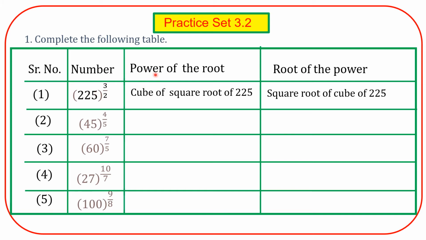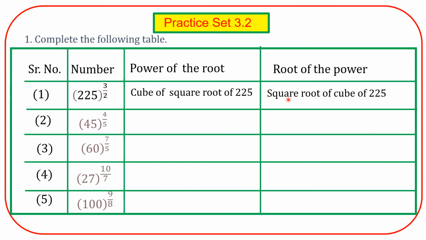Here, 225. First we write the power. Which number is in the numerator? That is 3, therefore cube of. Which number is in the denominator? That is 2, means square root of. Which number? 225. Means cube of the square root of 225.